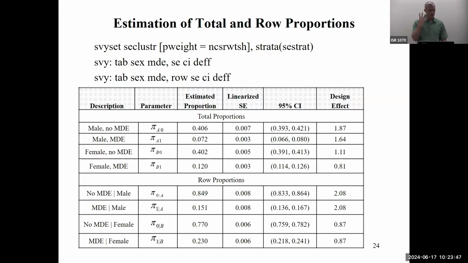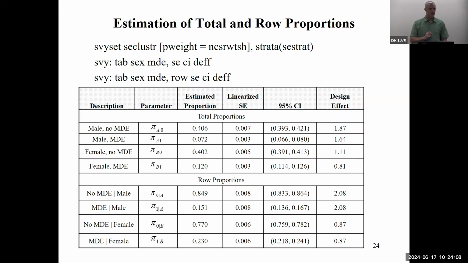Okay. We're creating 4 groups. I'm just saying what percentage of the population falls into each of those 4 groups. That's what the total proportions are giving you. Okay. I see a linearized standard error for each of those 4 proportions, the logit transform 95% confidence interval, and then the corresponding design effects.